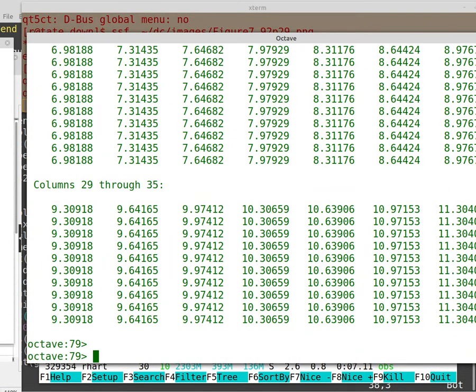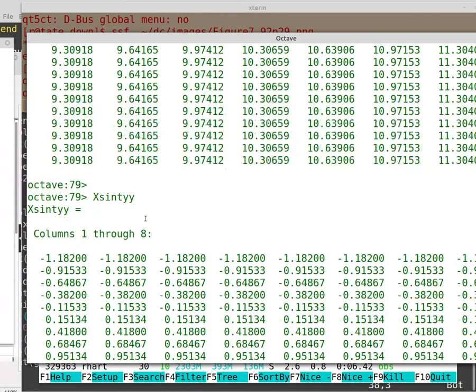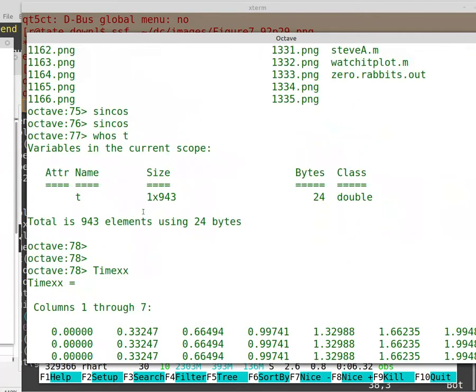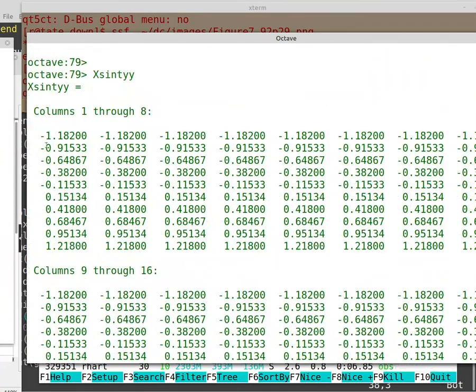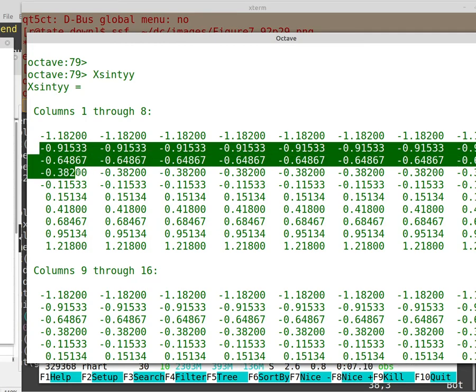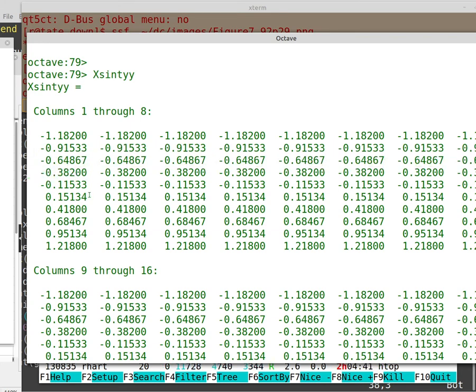And so when we look at the x sine t y, you can see, I scrolled too far, there it is. You can see it's starting at like -1.18 going up to about 1.2. So when I trim the graph back off, this minimum value and the maximum value actually got trimmed off. Okay, but I found that it's a little bit better to expand it and then just use your axis function to trim it back down.